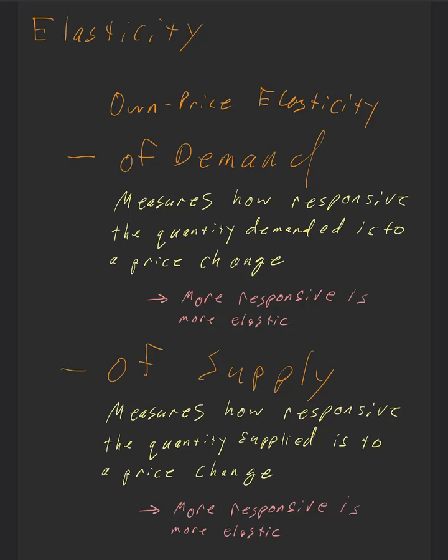In this case, the important lesson here is that elasticity is about the sensitivity to price. So the more sensitive, the more elastic we are. So we're measuring the relationship between price and quantity, just like we were with supply and demand. Now we're thinking about what that relationship is in terms of how people respond to price.